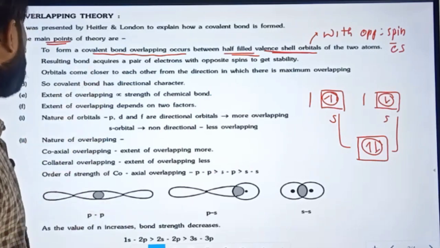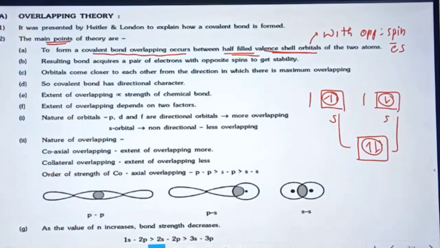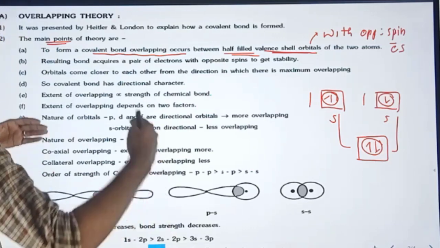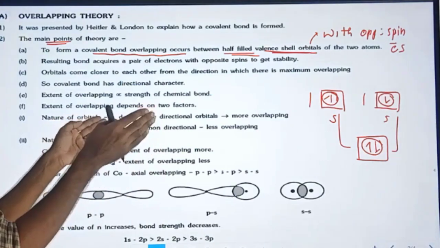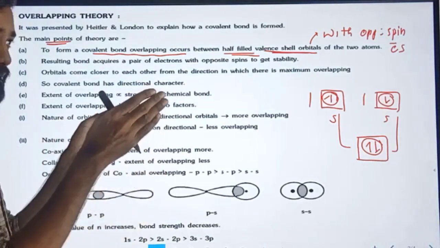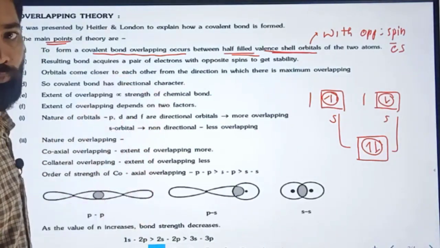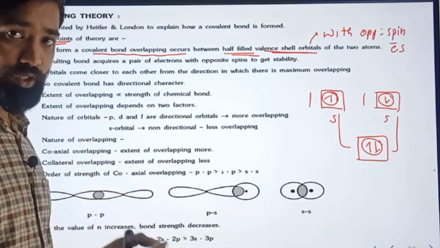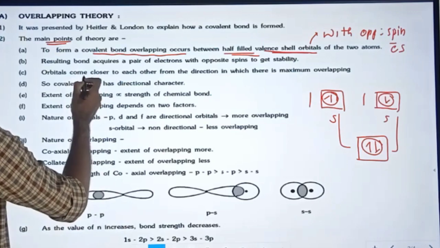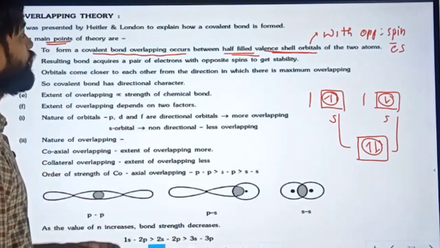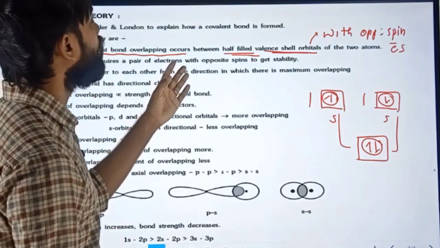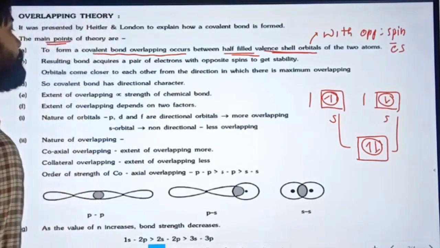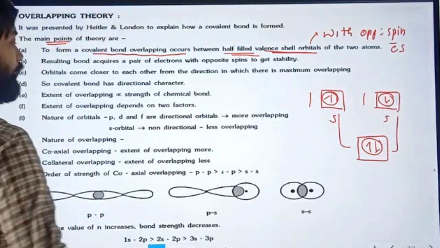What about the third point? Orbitals come closer to each other from the direction in which there is maximum overlap. When there is bond formation, the orbitals come closer, and overlapping is possible only in a particular state, where the attractive force equals the repulsive force.